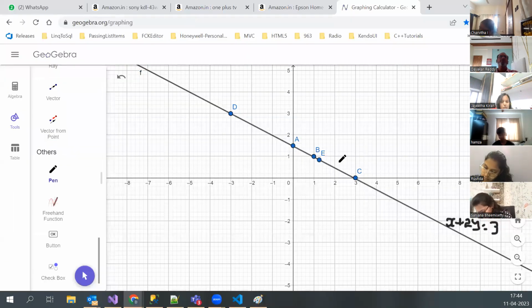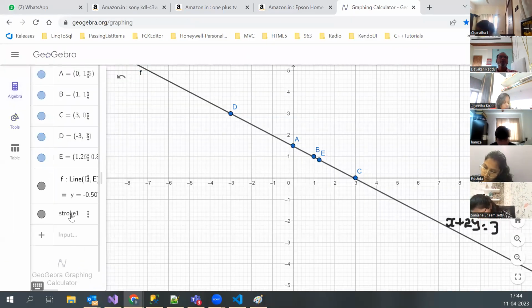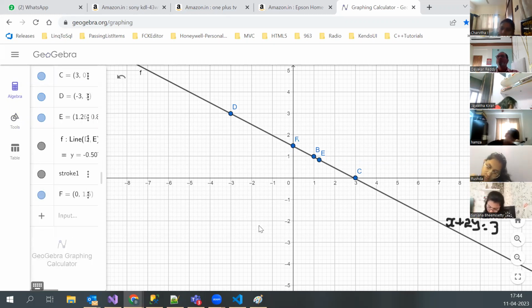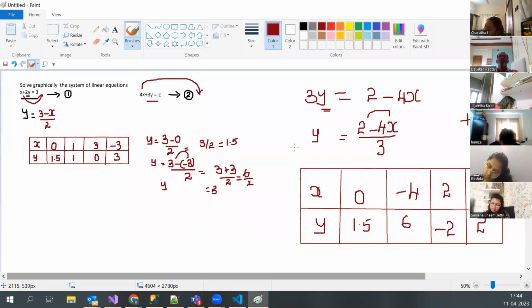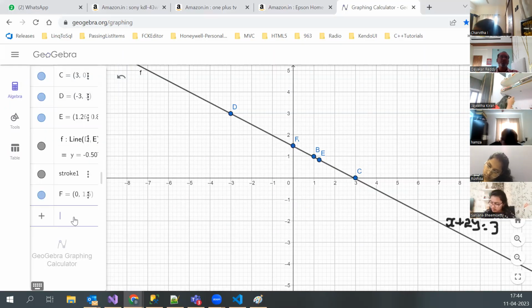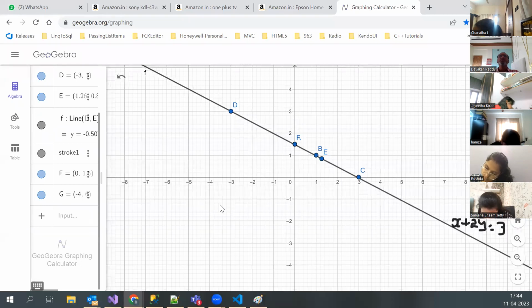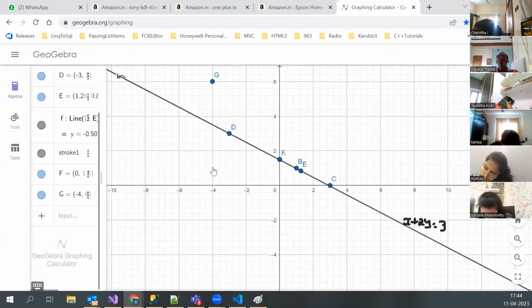Okay, let's try to draw the second line. 0, 1.5, right? This is the one. Okay, next one. Minus 4, 6. Where is that? Here, yeah.